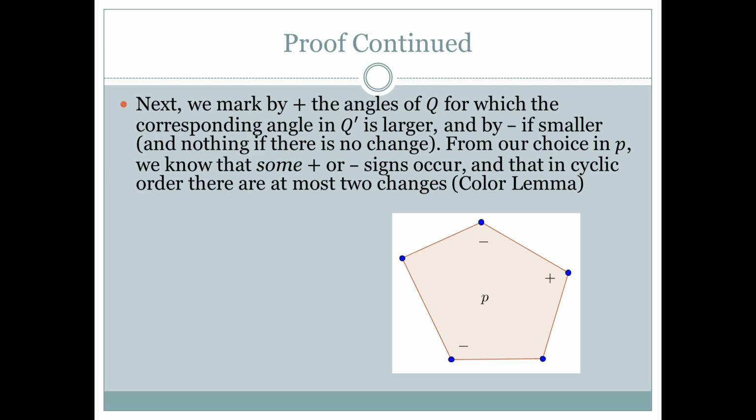And from our choice of P, we know that there are some plus or minus signs, so we didn't choose a P with absolutely no signs. And from the color lemma, there are at most 2 changes. So going from here to here.